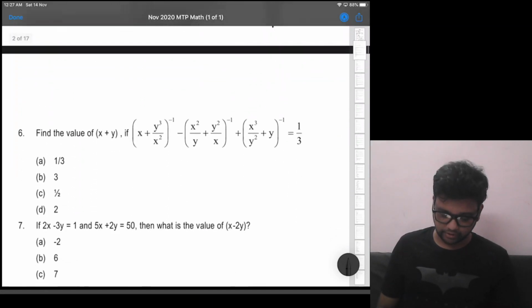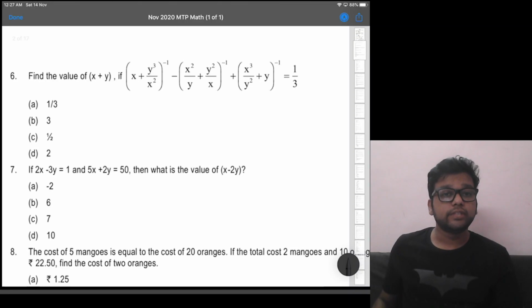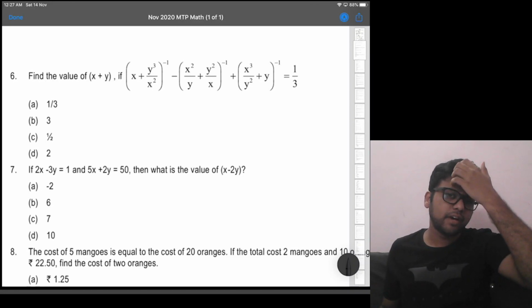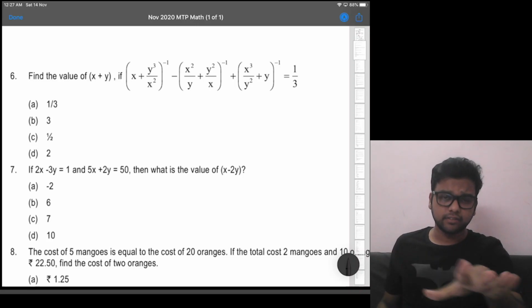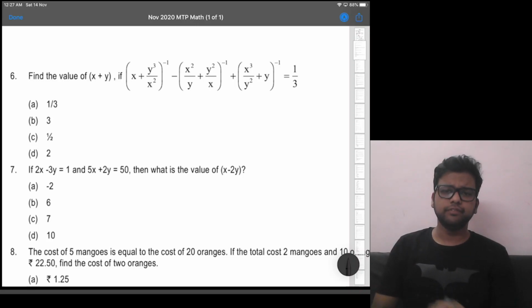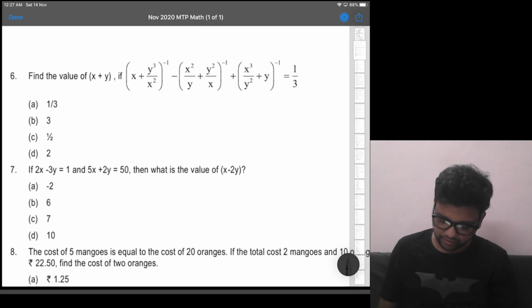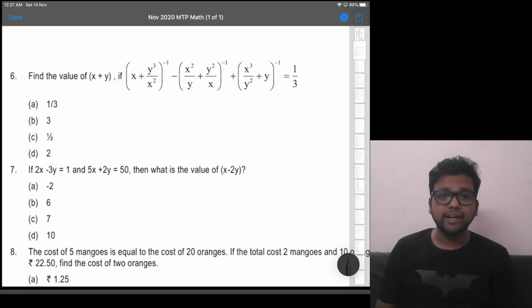Let's go to the sixth one. Now the sixth one looks complicated, but it is actually simple. Let's read. Find the value of x plus y if the given expression is equal to 1 by 3. Fine. Let's try to at least simplify it first. We cannot add it directly, so let's take LCM in each bracket.